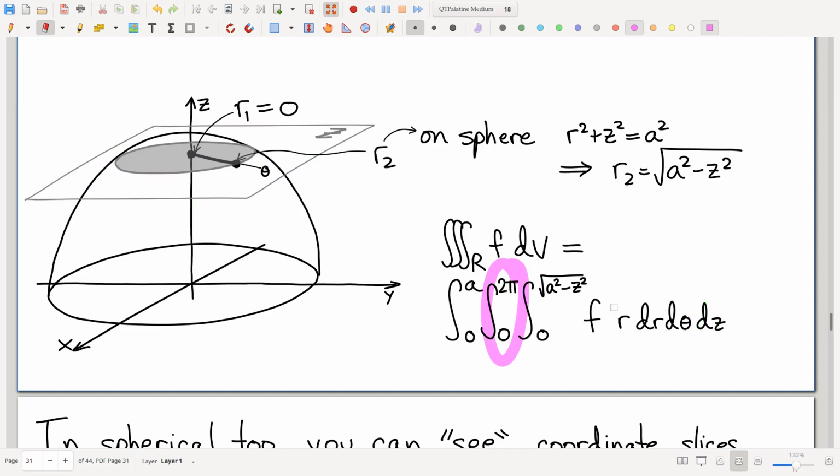Alrighty. And now, as per usual, we fix both theta and z, which means we're looking at this slice of a slice. Now we got to think about the range of values of r as our inside variable.